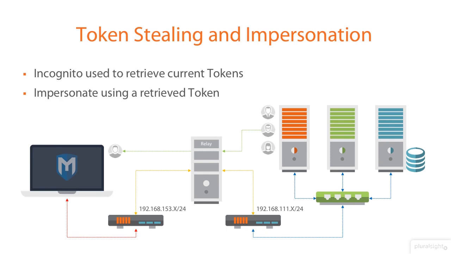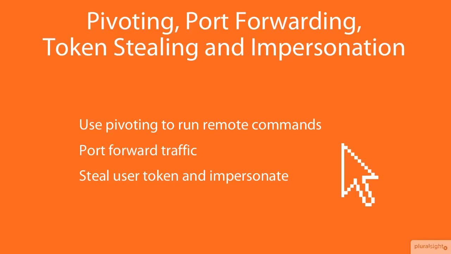I can give it administration rights, which will give me a permanent backdoor into the infrastructure. So let's get straight to it. We'll use pivoting to run some remote commands. We'll look at port forwarding traffic, and then we'll look at stealing user tokens and impersonating so that we can elevate and be able to create the backdoor accounts.